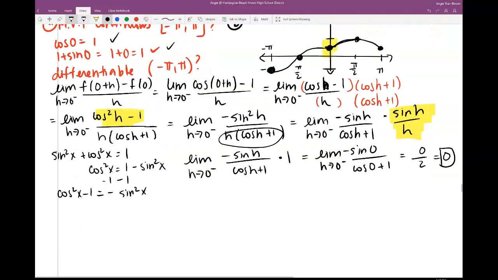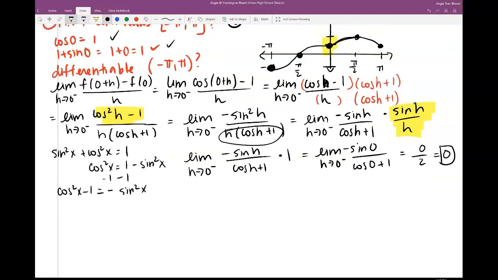Then let's do the same thing for the right-hand derivative. But the right-hand derivative, we can do a lot faster because we can skip a lot of steps, okay? Let me just fill in the information really quickly. So f of 0 plus h minus f of 0 all over h, right?